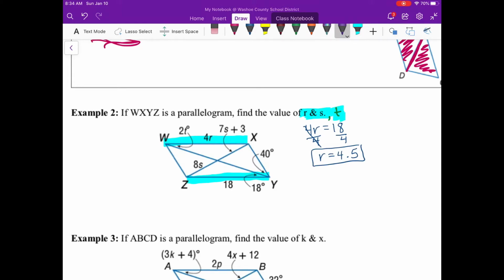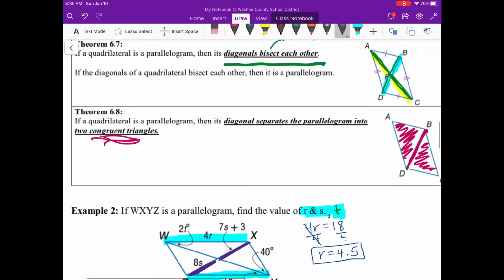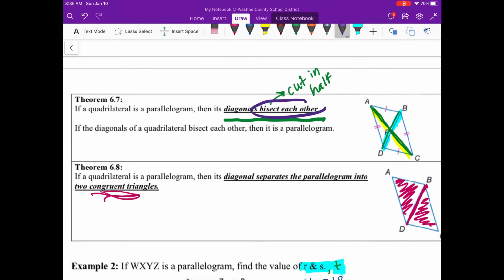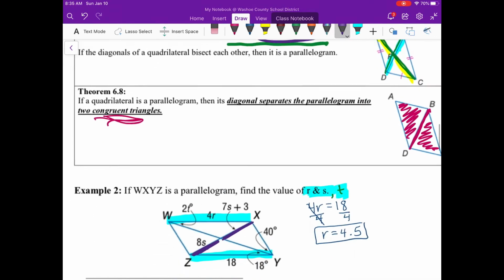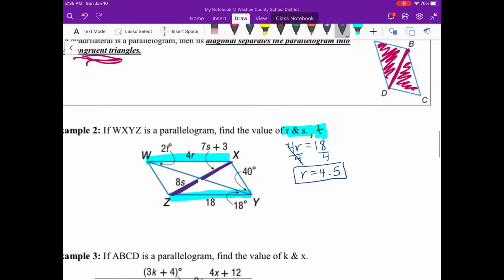Okay, and then just for fun, we're also going to find T here, so that we know how to find all three variables. Next, I am looking for S. S is pointing to this segment right here. And then I also have another S over here. So it looks like these S's are in a diagonal. And remember up here, we talked about how diagonals bisect each other. They cut each other in half.